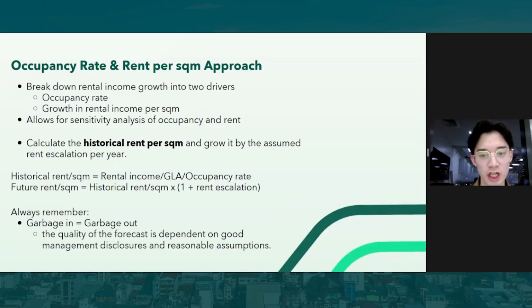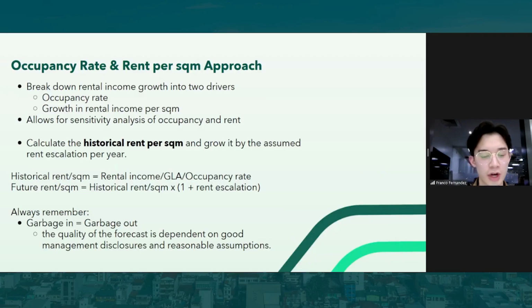And the approach I'll be using for this one is something called the occupancy rate and rent per square meter approach. So essentially, it breaks down rental income growth into two drivers, one with occupancy rate and growth in rental income per square meter. What we need to do here is calculate the historical rent per square meter and grow it by the assumed rent escalation per year.